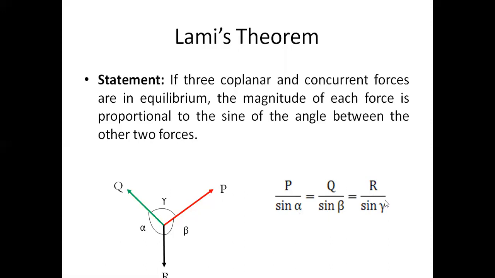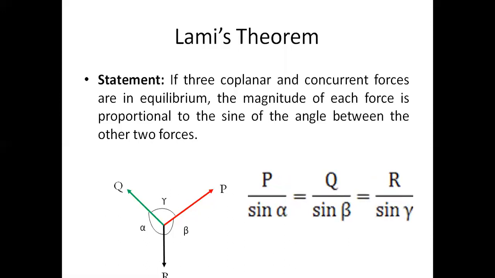So this is a very important formula for Lami's theorem. If three coplanar and concurrent forces are in equilibrium, then the magnitude of each force is proportional to the sine of the angle between the other two forces. So P by sine alpha is equal to Q by sine beta equal to R by sine gamma, the opposite angle of the opposite forces. So this is Lami's theorem.